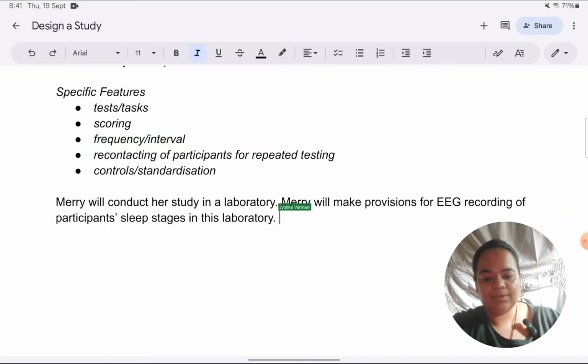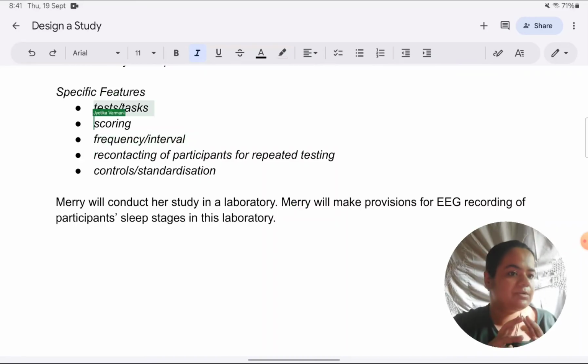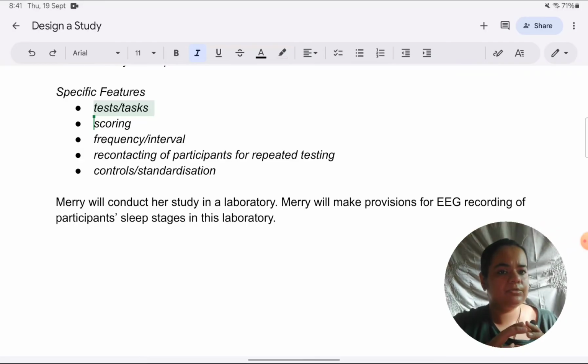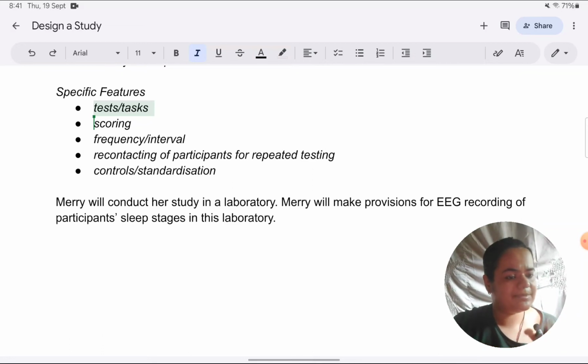So next, now looking at the specific features, we know we need to cover tests and tasks. So next I need to think, if I was in Mary's place, what task would the participants be required to do so that I can measure their REM sleep pattern. I should also keep in view that specifically what she wants to measure is the duration of the REM sleep stage.